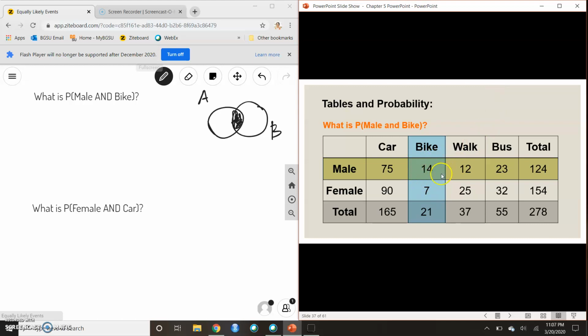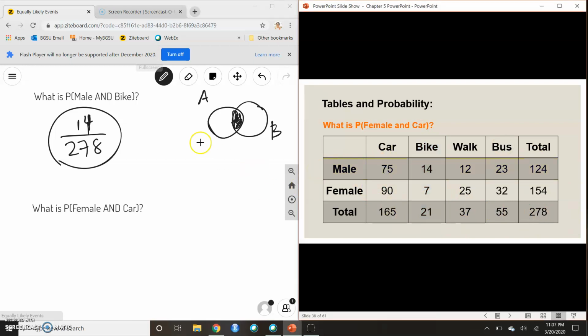So 14 becomes our numerator out of the grand total. So 14 out of 278 is the probability of being male and taking the bike. So this is saying that there are 14 males who take the bike out of the 278 students that are considered in this table.